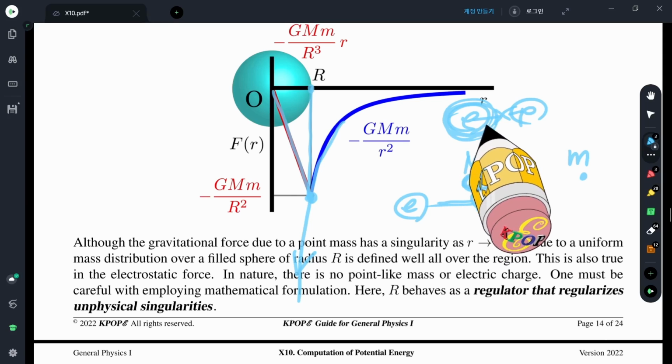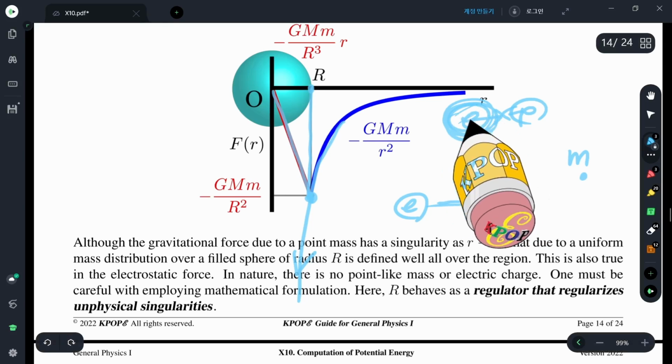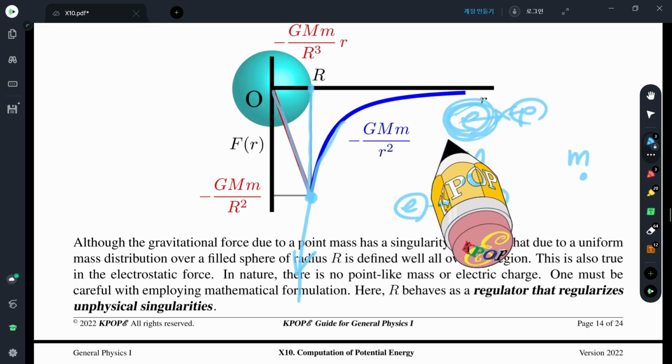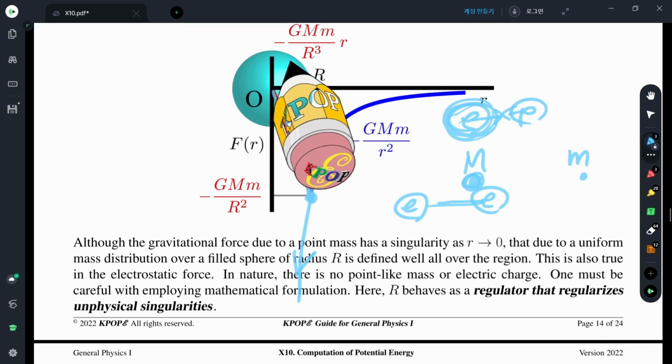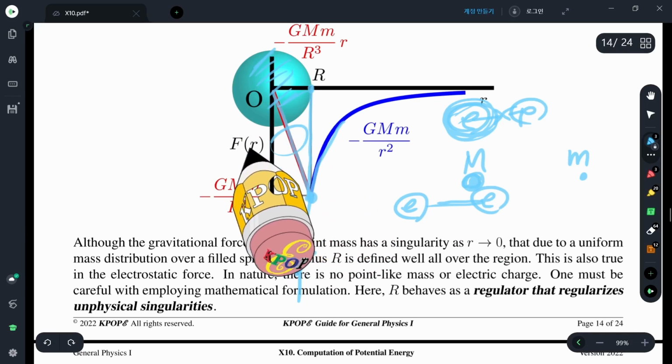And when we approach, such a singularity does not appear. That means the electron must have some size, very tiny, but a finite size. In that case, the force does not have any singularity.